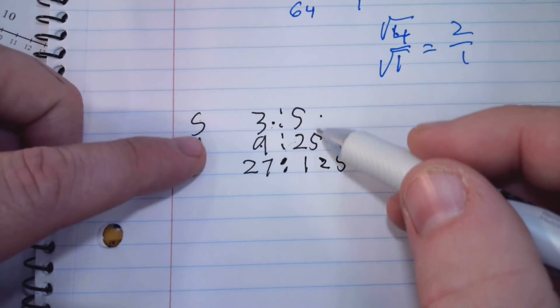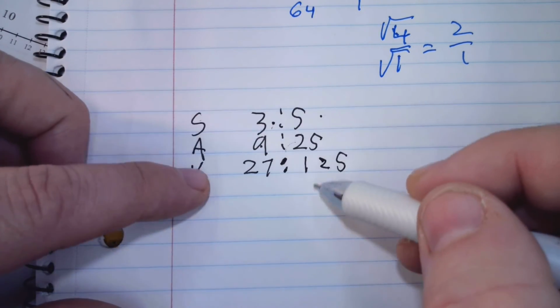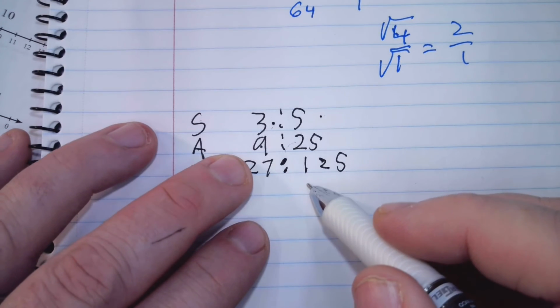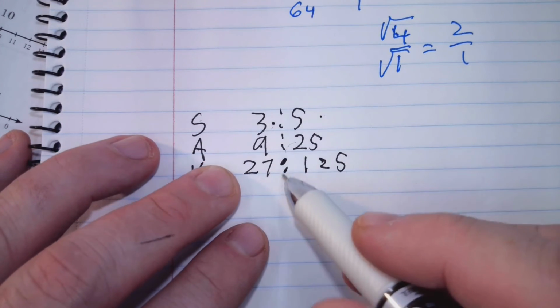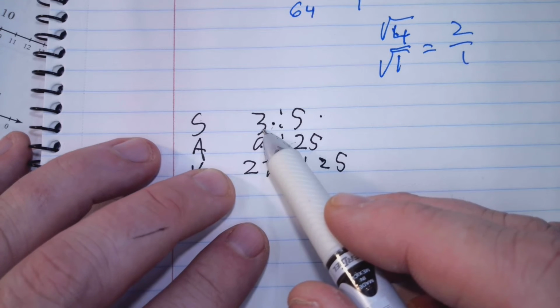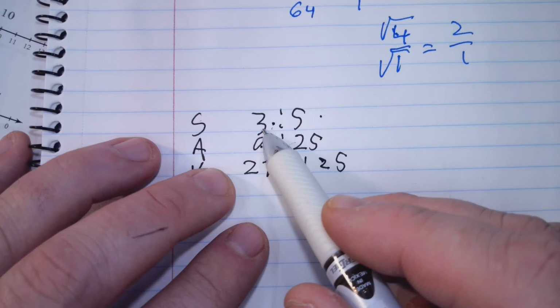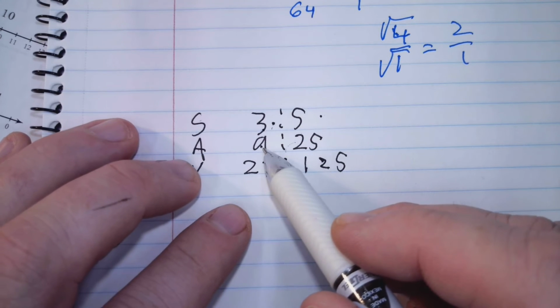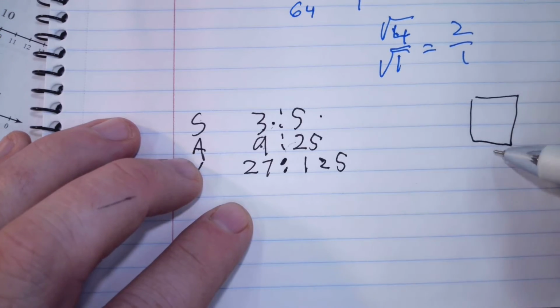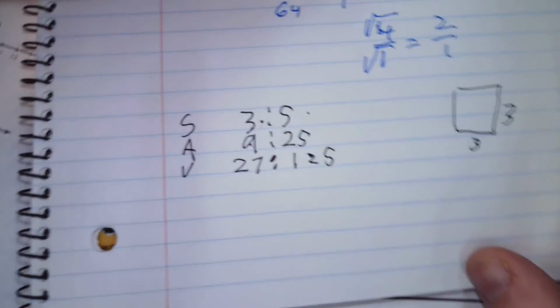So this kind of shows our different levels. And again, it should make sense because if I measured 3 inches, that's a line that's 3 inches long. This would be a square that is 3 by 3. That's literally what it means.